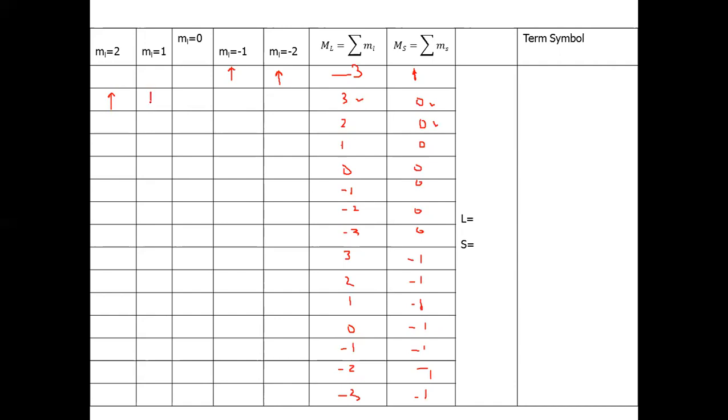We will take the second electron as opposite spin. So this corresponds to 2 plus 1, 3 and MS 0. Now here ML is 2, MS is 0. Here capital ML is 1, capital MS is 0.